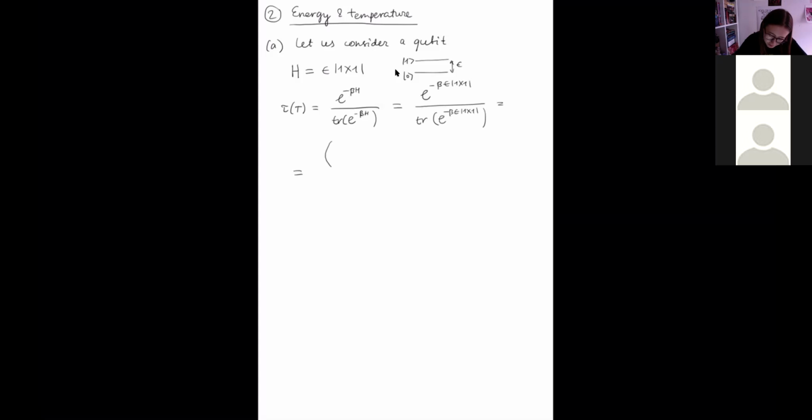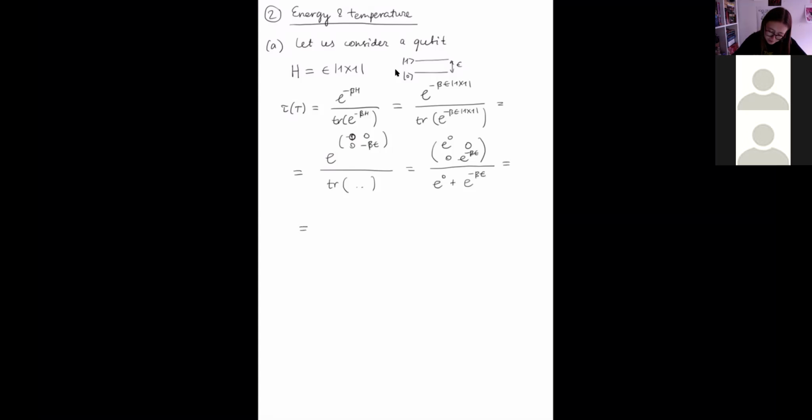So what we have up top would be e to the power of the matrix 0, 0, 0, minus beta epsilon, and here we have the trace of the same thing. And e to the power of this matrix is just a 2 by 2 matrix where the diagonal terms are exponentiated. So e to the power 0, e to the power minus beta epsilon. And the trace would be e to the power 0 plus e to the power minus beta epsilon.